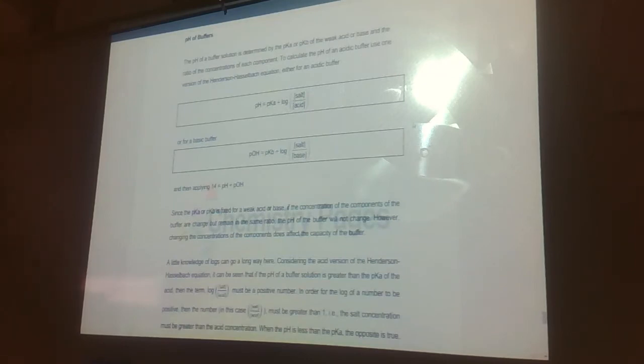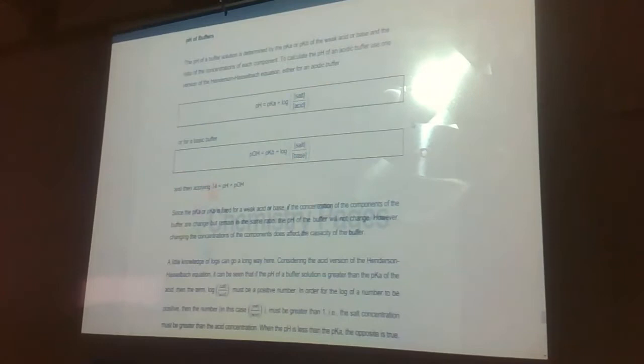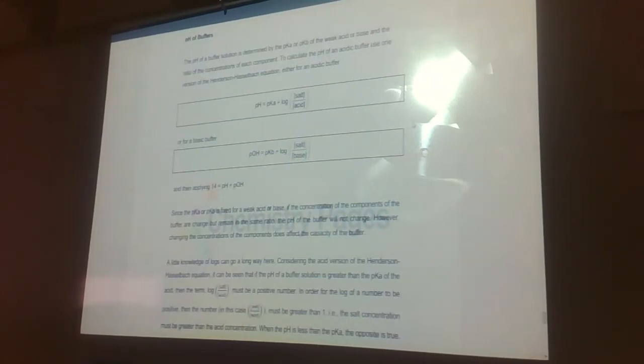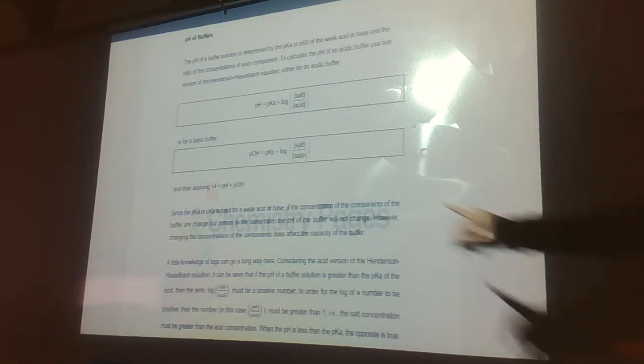Okay, the pH of buffers. The pH of a buffer solution is determined by the pKa or pKb of the weak acid or base and the ratio of the concentrations of each component. To calculate the pH of an acidic buffer, use Henderson-Hasselbalch, either for acidic or basic.